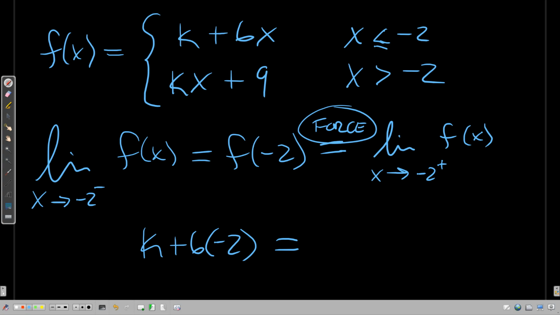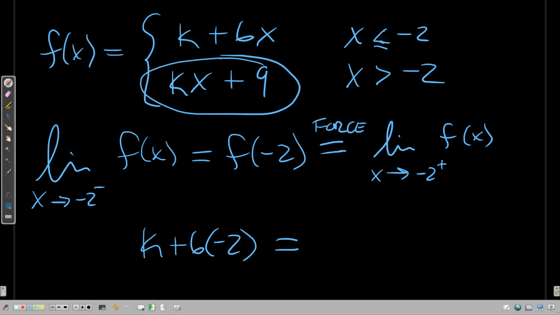I want to force the condition that it is equal to the limit as x goes to -2 from the right. But whatever this thing is right here, as we approach -2 from the right, is a line. It is a linear equation.